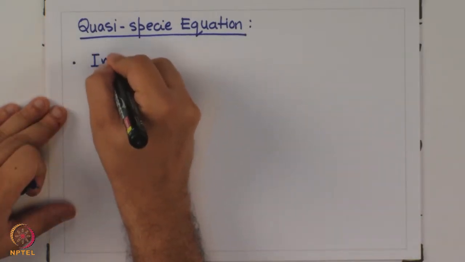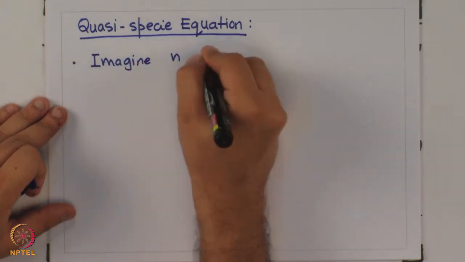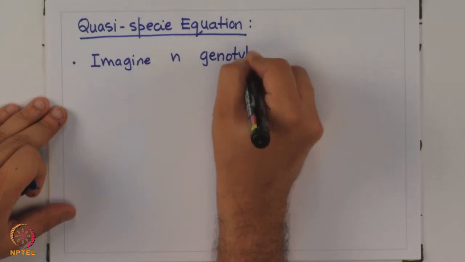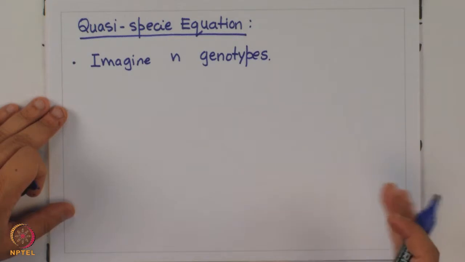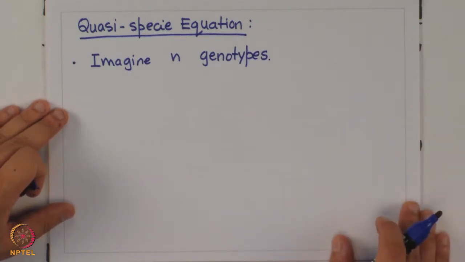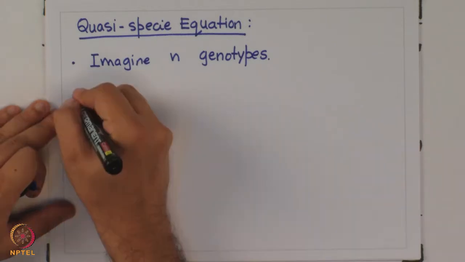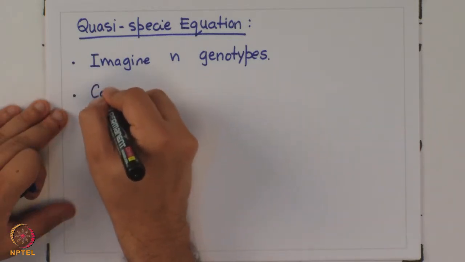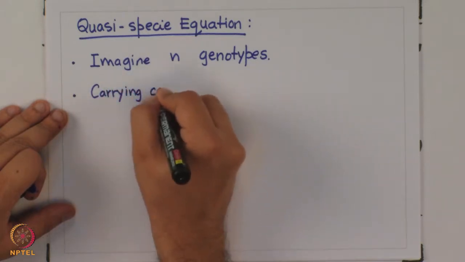Imagine that there are n genotypes. So, you have a species, again we will think in terms of bacteria, you have a bacterial species and you have n distinct genotypes which exist. This experiment is being done in an environment where the carrying capacity is held constant and is equal to k.